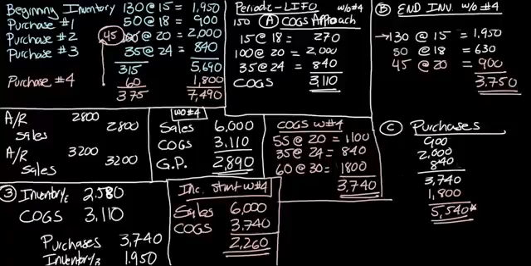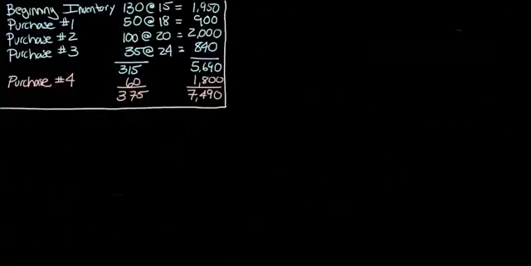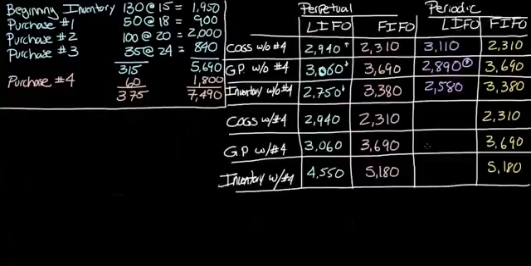So if I add all that up, my ending inventory is now 3,750. Okay, so let's take some of these numbers and post them to our grid. I've already forgotten these numbers in our grid. Let's change to green. So inventory with the purchase is 3,750, and that's my ending inventory with number 4.